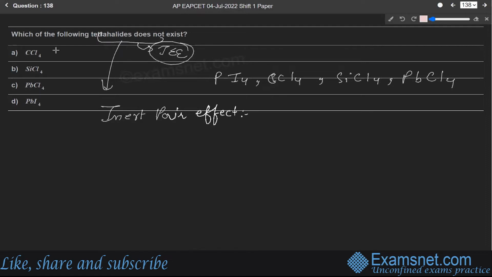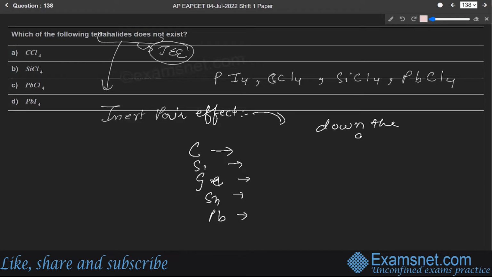Consider carbon, silicon, germanium, tin, and lead. Down the group, what does the inert pair effect state? Always and always, down the group, the stability of the lower oxidation state increases.